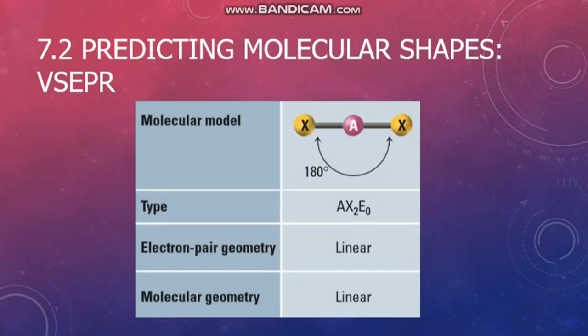So we have the central atom A, and then we have the two terminal atoms, which are marked as X. And then we have the covalent bonds here. They are positioned like a straight line, so the bond angle is 180 degrees.